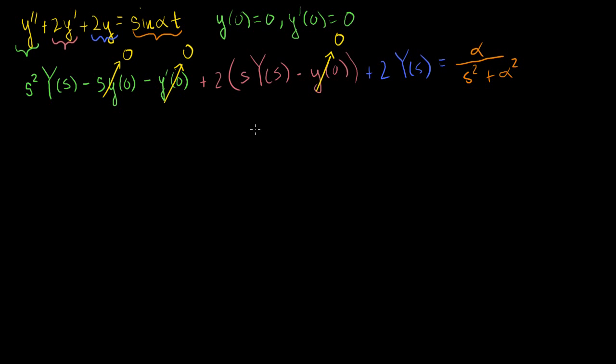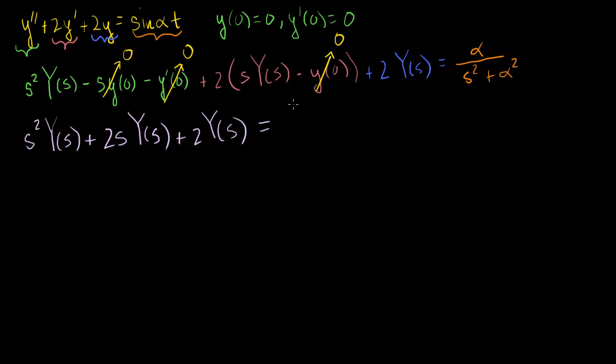So our whole expression becomes s squared times Y of s plus 2s Y of s plus 2 Y of s is equal to the right-hand side, alpha over s squared plus alpha squared.